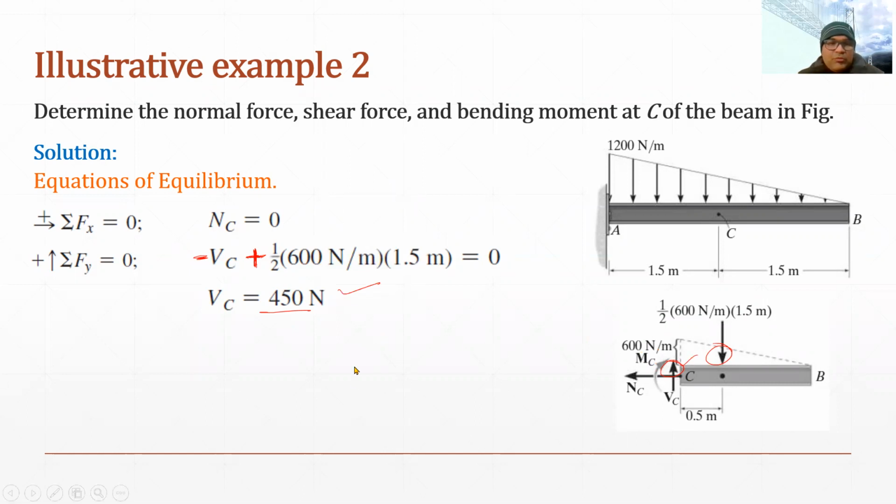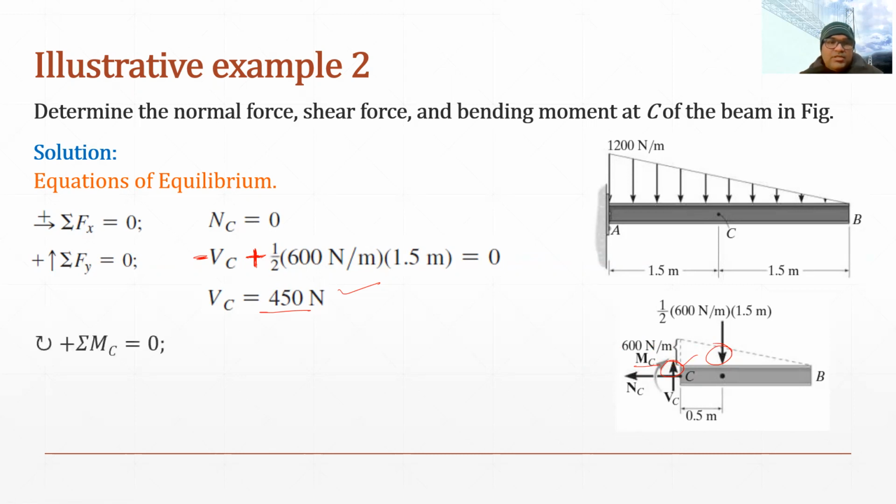Similarly, now we will calculate the value of MC by using the third equation of equilibrium. As we have seen in the sign convention, clockwise moment will be taken as negative and anti-clockwise moment will be taken as positive.